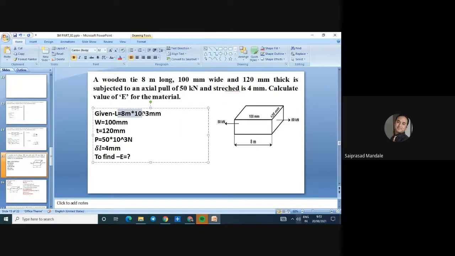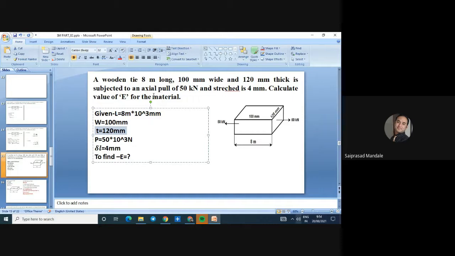So 8 meter corresponds to 8 into 10 raised to 3 mm. 100 mm wide. 100 mm wide means width and depth is given to us. So it is 100 mm width. And 120 mm thick. So it is depth or thickness. It is 120 mm given to us.